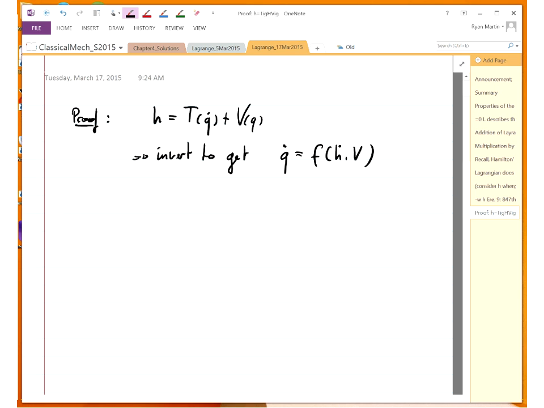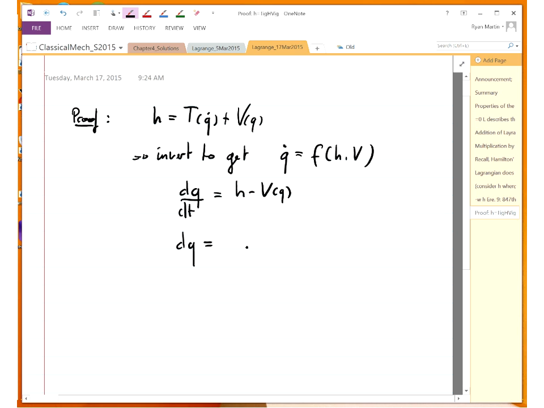So if I can write q dot equals some function of the constant h and the potential v, which depends on q, that's really like saying dq by dt equals h minus v of q, right?